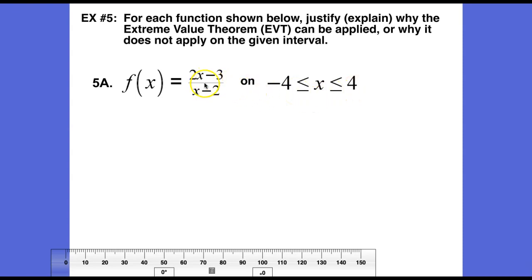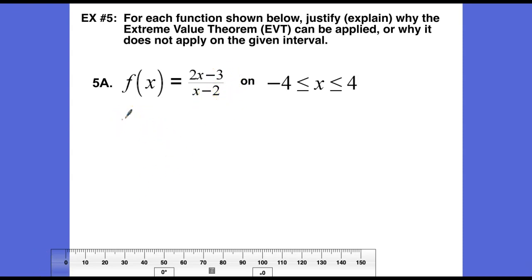So since this is a rational function, one of the things that we want to do is to determine whether there are any vertical asymptotes or holes. So we look at the domain of this function. If you set the denominator equal to 0 and solve for x, we see that x equals 2. And that doesn't cancel with the numerator, so that'll be a vertical asymptote. Here's what we're going to write.